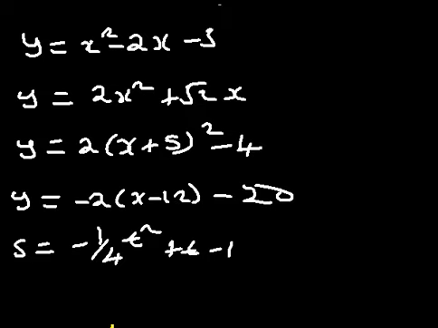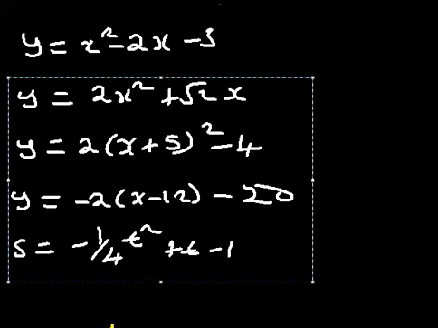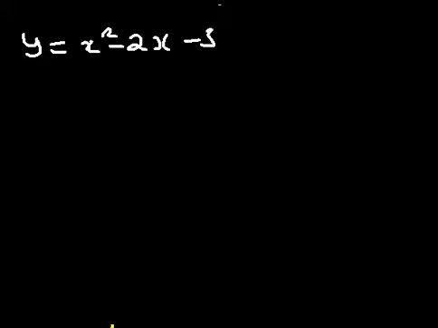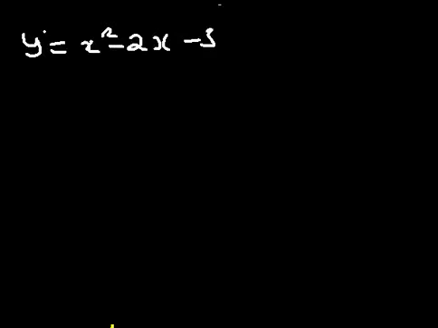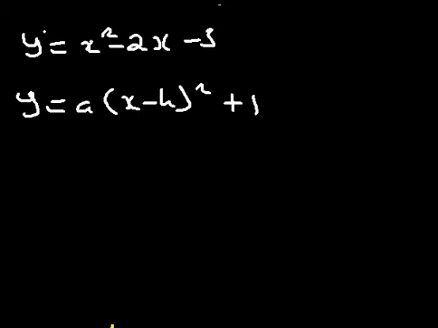And also you have to understand that sometimes, for instance, we know that for us to have the graph of this one, we should translate it into this form: y is equal to a(x minus h) squared plus k.